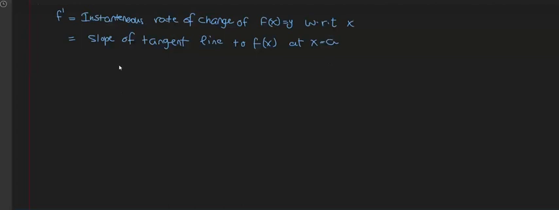So we know that we might have a function, this is the xy plane, we might have a function that looks like this, for example, this is f of x, and at x equals a, at a certain instant, we got a tangent line to that function.